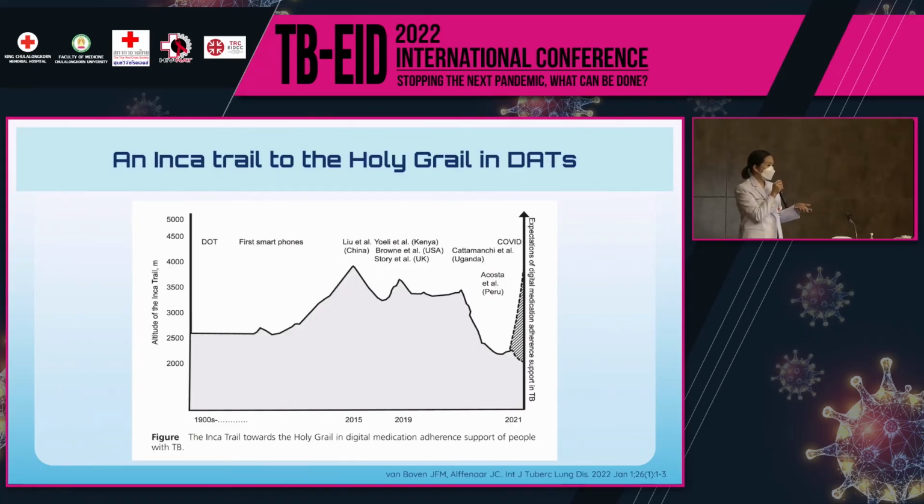And this is a nice review about digital adherence technology that was just published in the International Journal of Tuberculosis and Lung Disease this year. It shows the timeline from conventional DOT in 1995, the first smartphone available around 2000, and the first RCT in China, followed by RCTs in the UK and US.